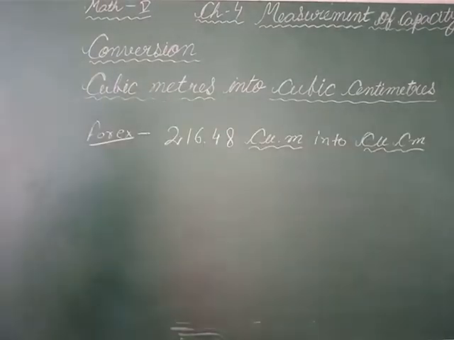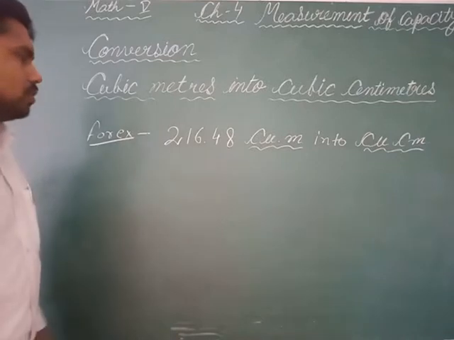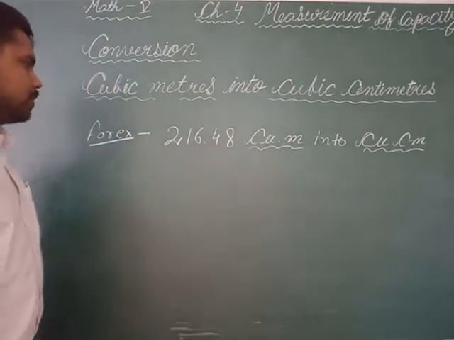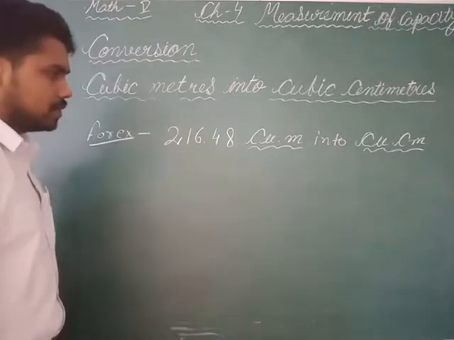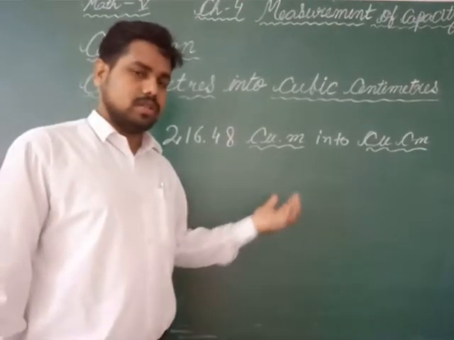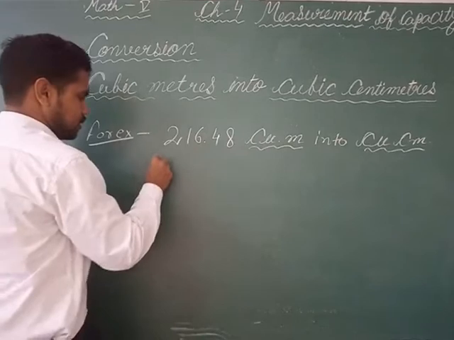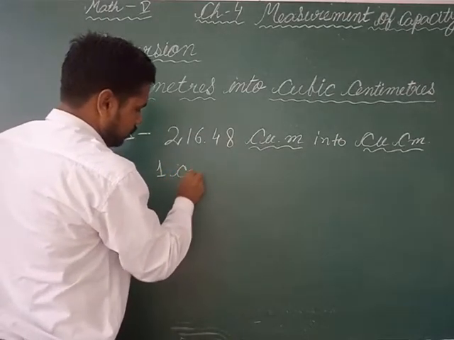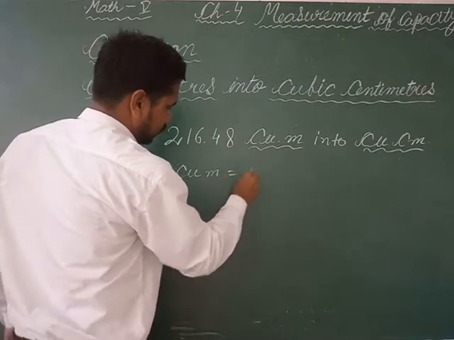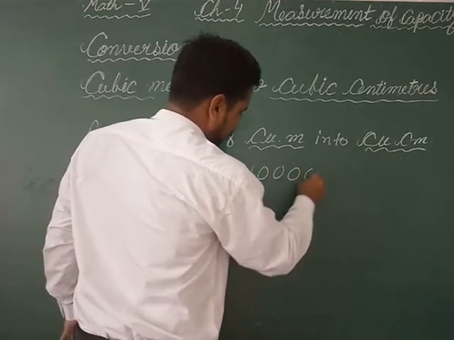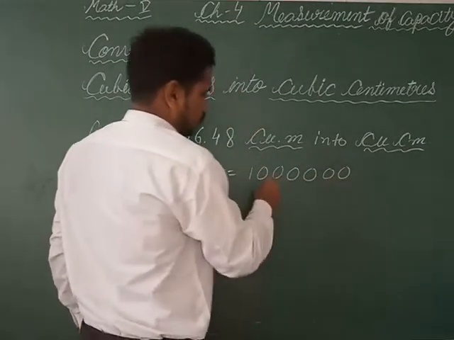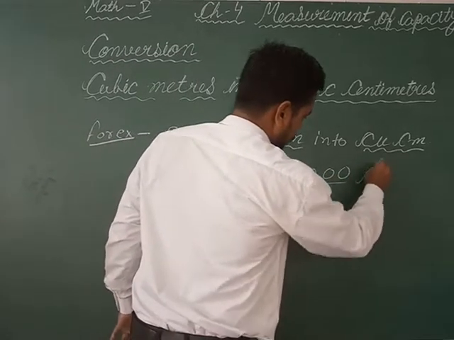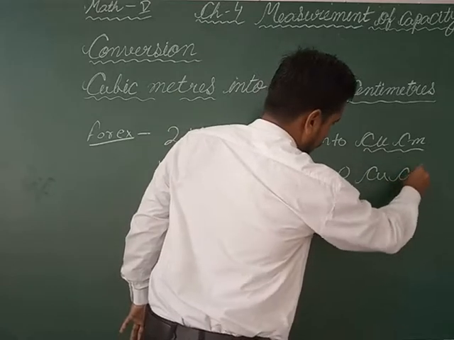So here is one example. Suppose I want to convert into cubic centimeter. As we know, 1 cubic meter is equal to how many cubic centimeters? Let's write first. 1 cubic meter is equal to this much, 6 times 0, of cubic centimeter.